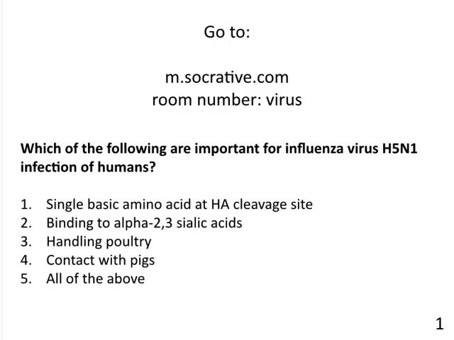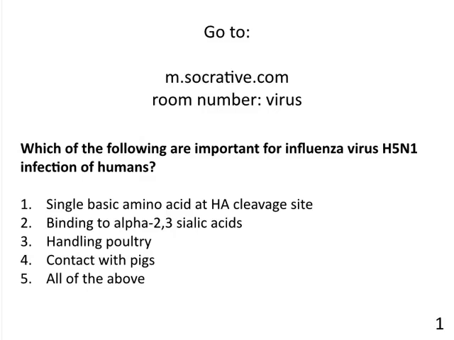Which of the following are important for influenza virus H5N1 infection of humans? Well, we have 1 and 2 and 3 and 5. Some of you said a single amino acid. No, a single amino acid is what restricts virus to the respiratory tract. We think that a multi-basic amino acid sequence is important for those high pathogenicity strains.